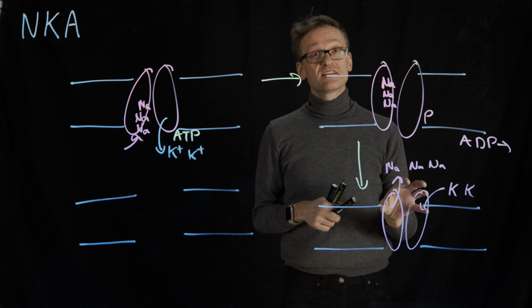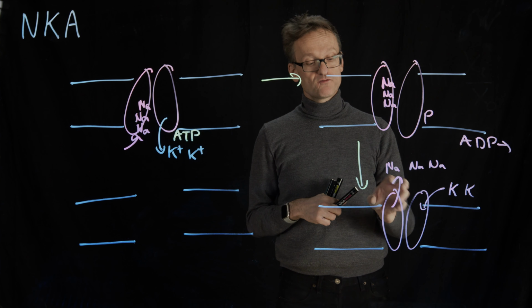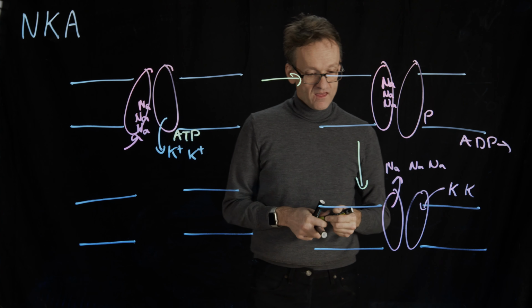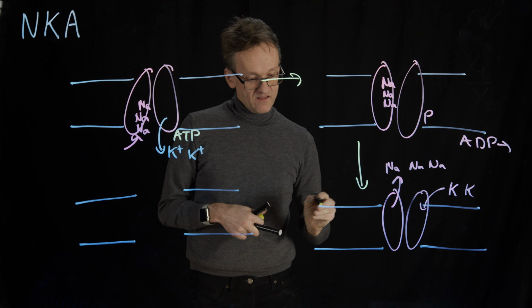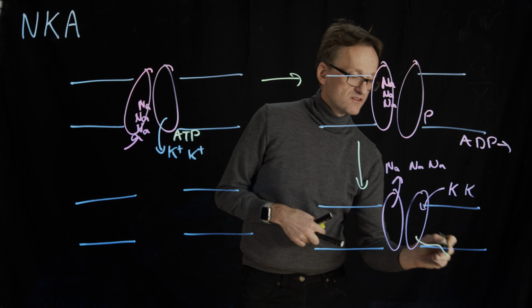In this case, that's in the outside. This is going to be a better state for the channel to be in because this was unstable. What now happens is that at this point the phosphate escapes.